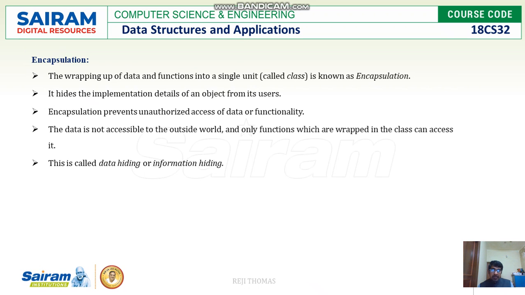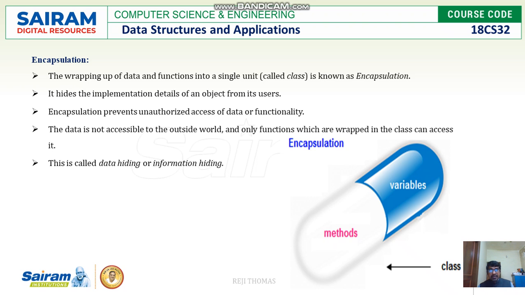Next, let us see the next feature of object-oriented programming, which is encapsulation. As the name says, encapsulation is the wrapping up of data and functions into a single unit. This prevents unauthorized access of data, or I can say it provides data hiding.